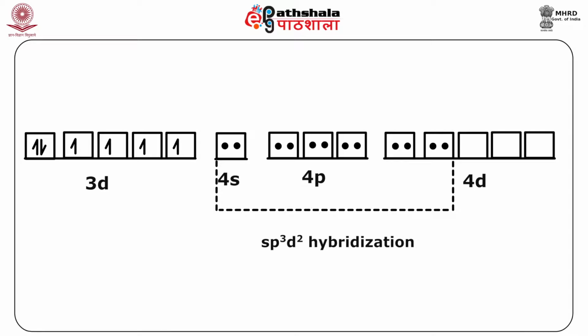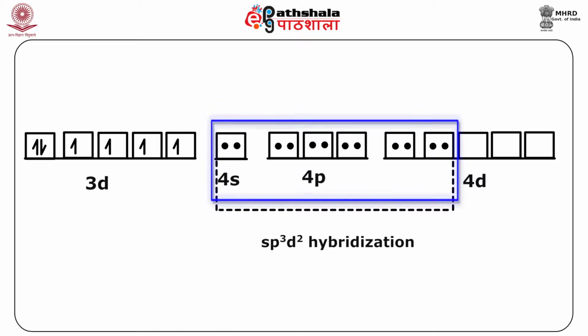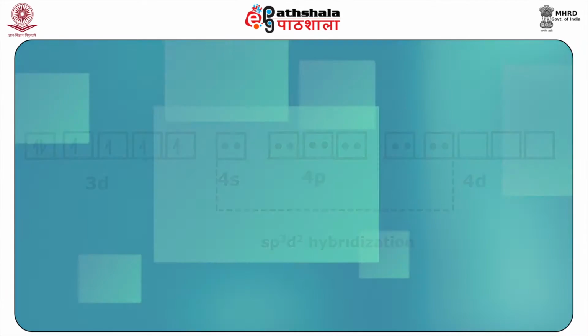All the 6 orbitals hybridize to form 6 equal energy sp3d2 hybridized orbitals, in which every water ligand provides a pair of electrons.